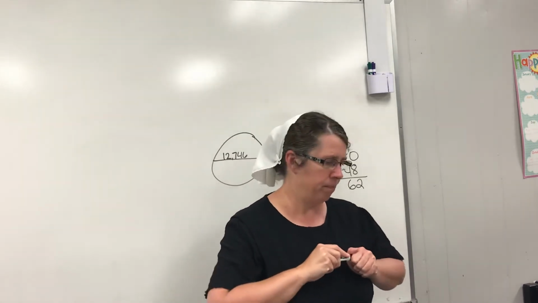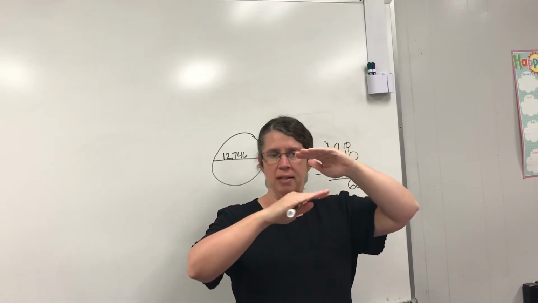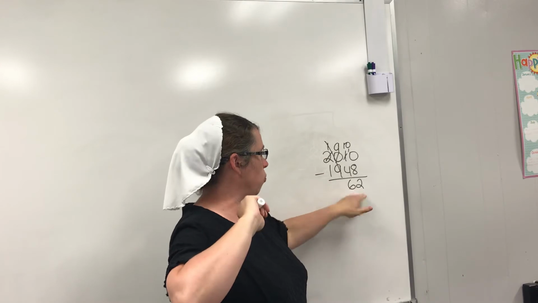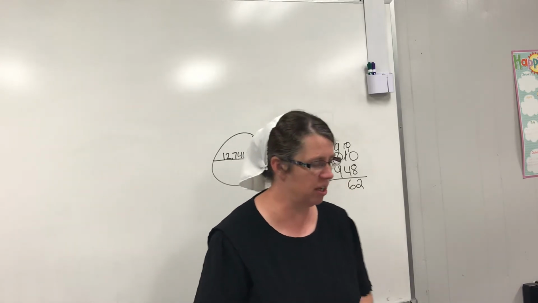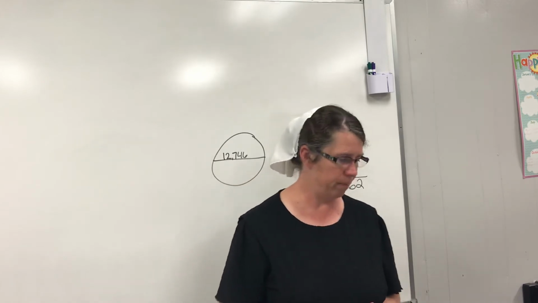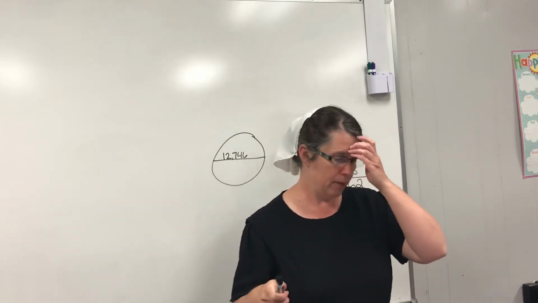Now, today is September 1st. His birthday is September 6th. He hasn't had his birthday yet. So we need to subtract 1 from that, which actually means Luke would be 61 years old. All right, and I'm going to let you guys do 2B.